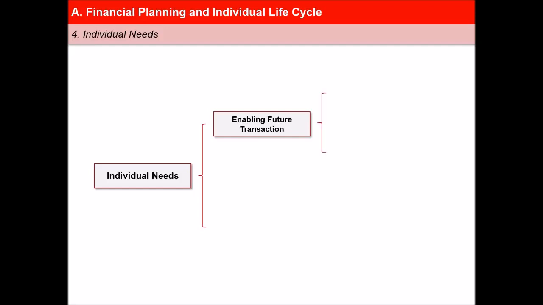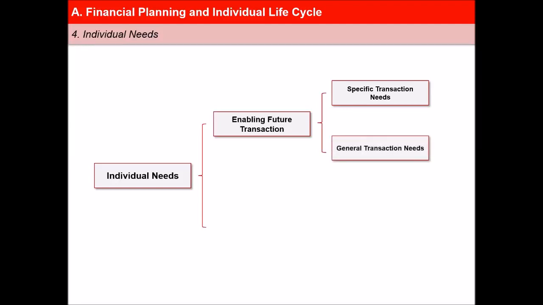Specific transaction needs which are linked to specific life events that require a commitment of resources. For example, purchase of a house or consumer durables. And general transaction needs, which means the amount set aside from current consumption without being earmarked for any specific purposes. These are popularly termed as future provisions.